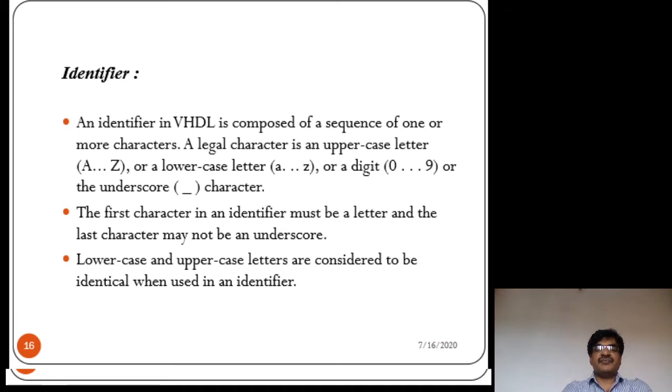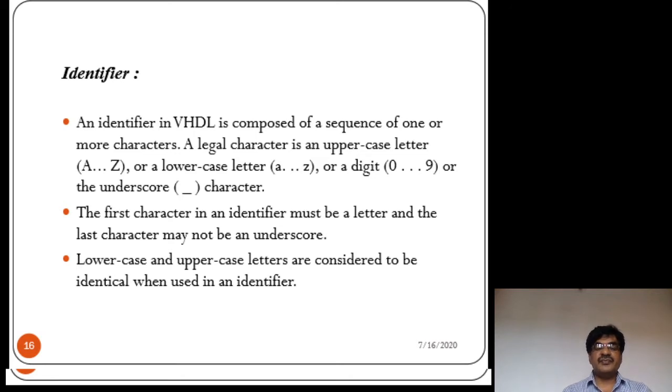What is an identifier? An identifier is a group of characters including all alphabetic letters, digits 0 to 9, and only the underscore you can use. What is the purpose of this identifier? It is used to name different design units and also objects like constants, signals, variables, etc. There are certain rules you need to follow for the identifier.